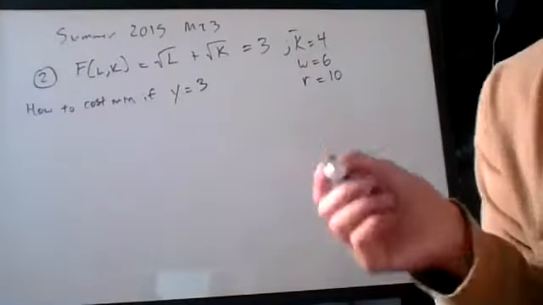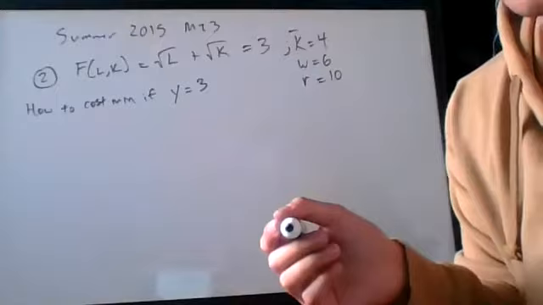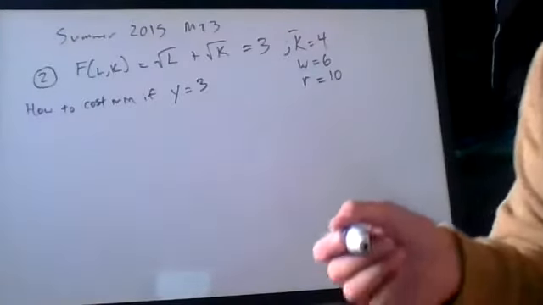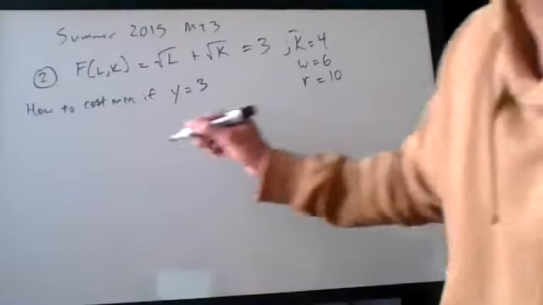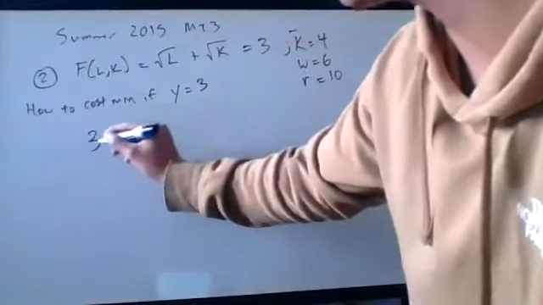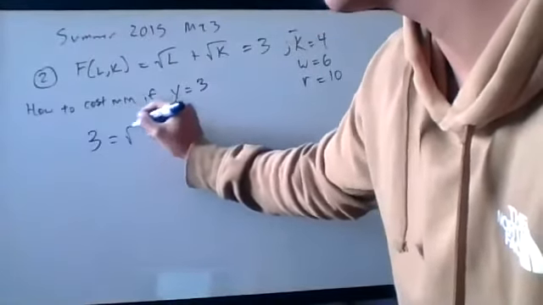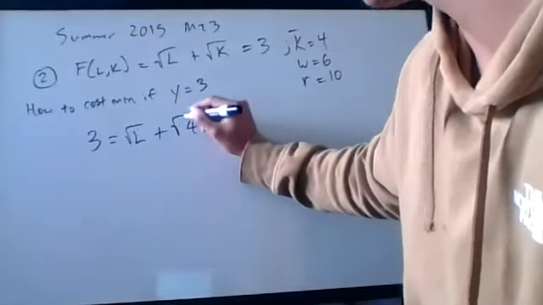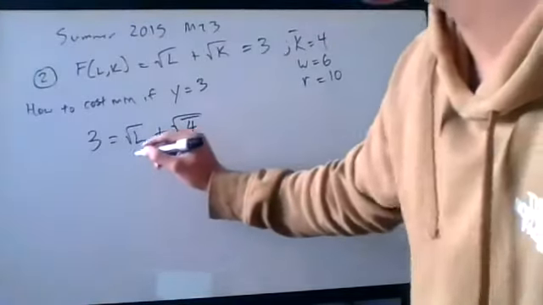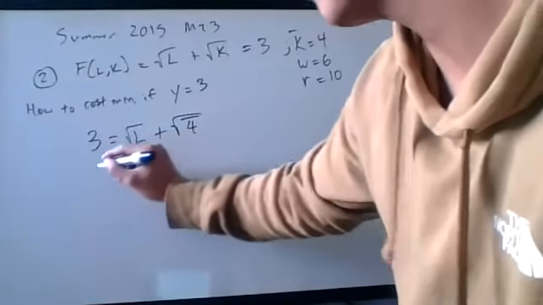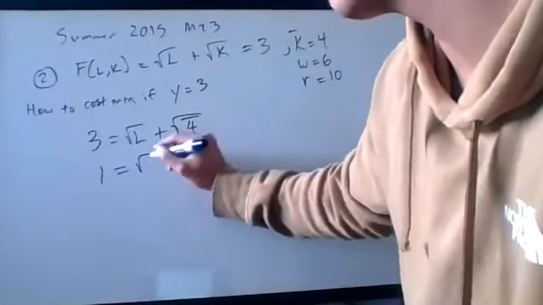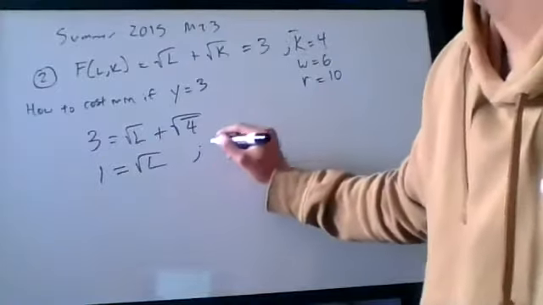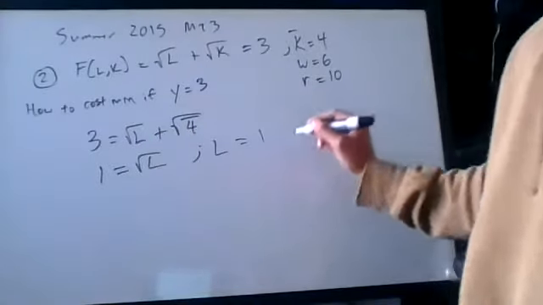I just want to show you that this is even easier than if we didn't have K fixed, because we can set this equal to 3, and we have the square root of labor plus the square root of 4, because K is stuck at 4. And so this just becomes 1 equals the square root of labor. And so obviously labor is equal to 1.